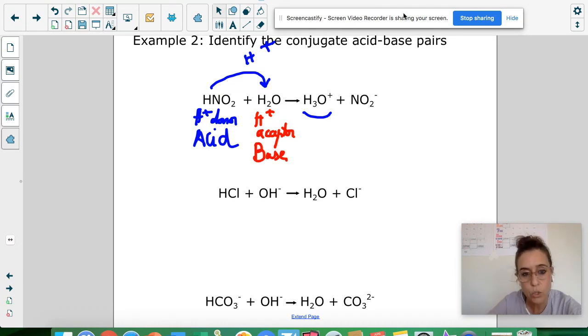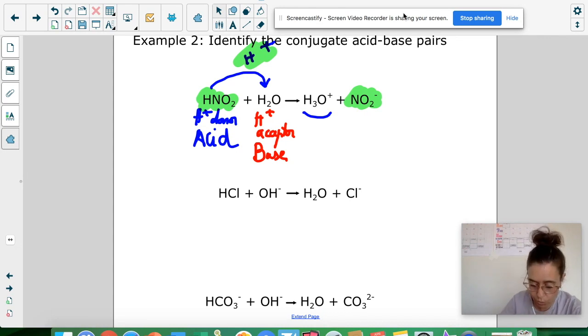Okay, so when the acid loses that proton, it becomes this substance over here, NO3 negative. So when HNO3 loses the H, it becomes NO3 negative.